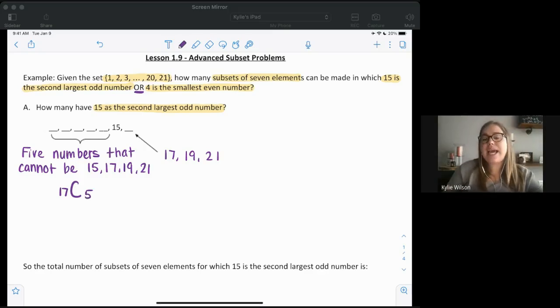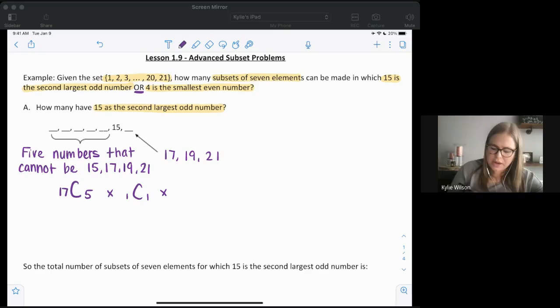Now, again, order doesn't matter here. We're just drawing out the lines just to ensure that we know that 15 is our second largest odd number. But the actual order doesn't really matter too much. So we will require those 5 numbers. Then for the 15, there's one number for the 15, and we're going to choose that one number.